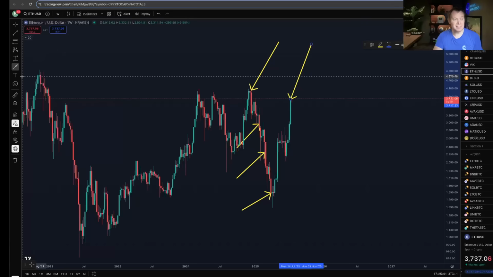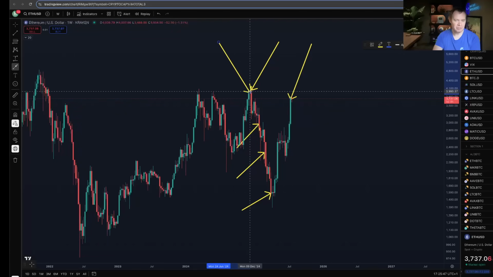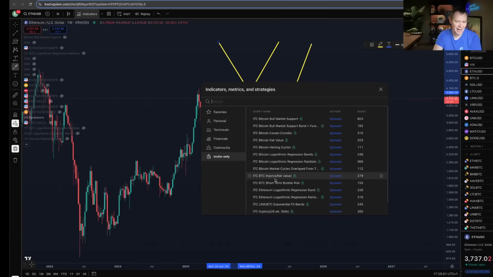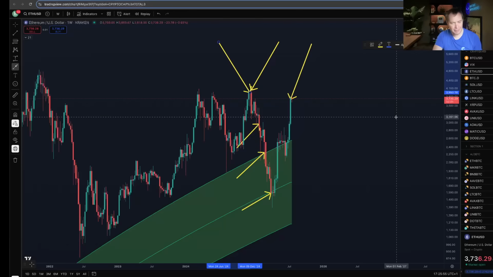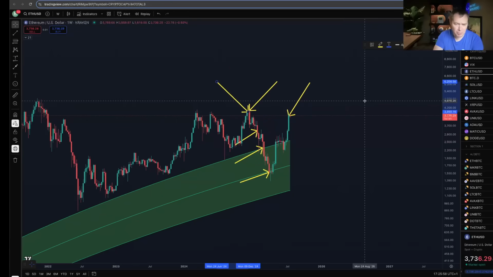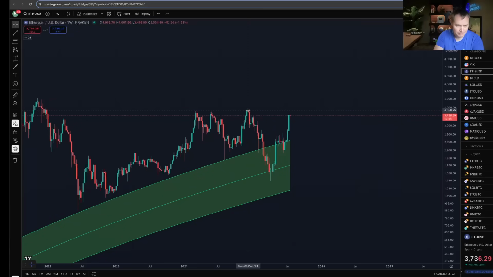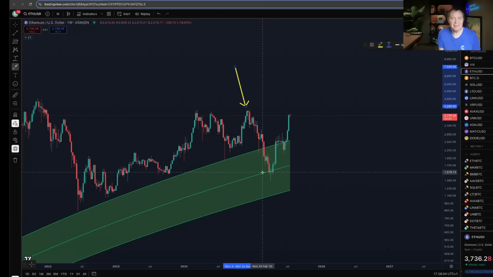But the problem is, had you listened to their view, you would have already been all in right here at 4K for Ethereum. So when it went home, you would have had nothing to buy it with. And so what ends up happening, I've seen this happen so many times, someone will be bullish on it way up here. They'll mention nothing about having any cash whatsoever.